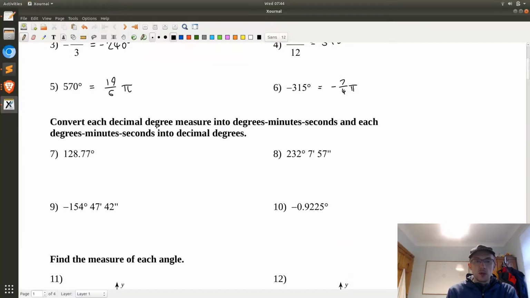Now, convert each decimal degree measure into degrees, minutes, seconds, and each degrees, minutes, seconds into decimal degrees. Okay. I have no idea what this means.